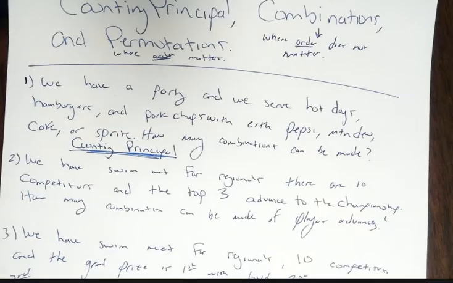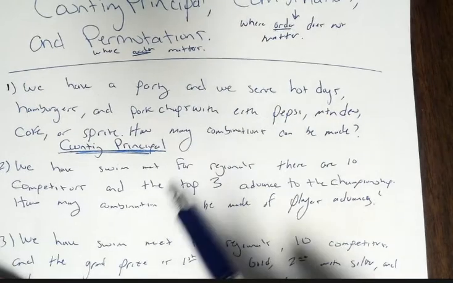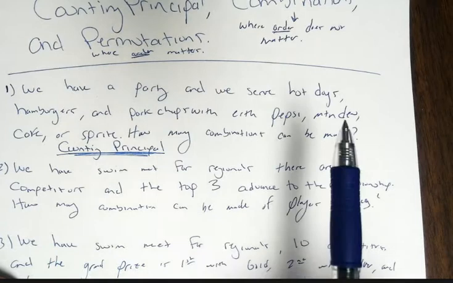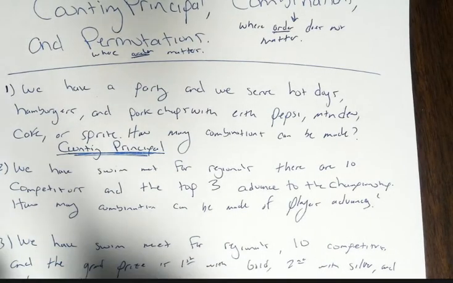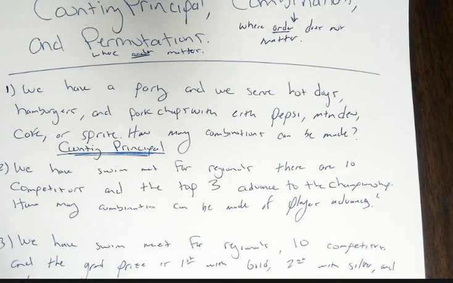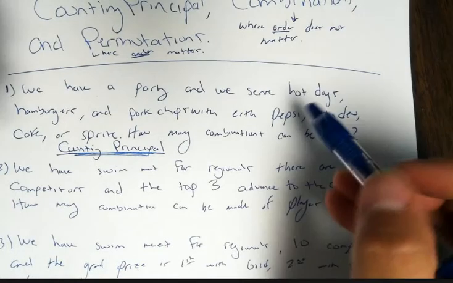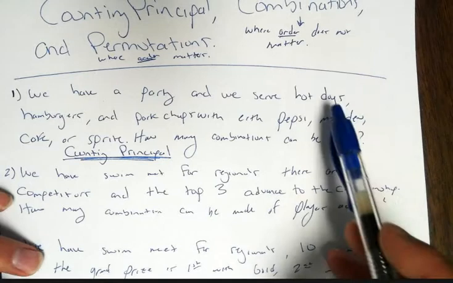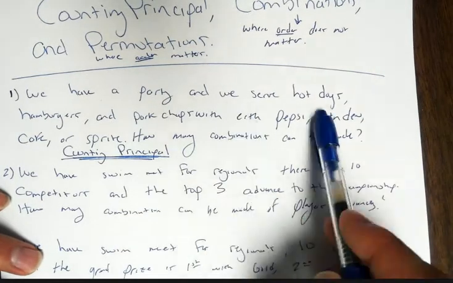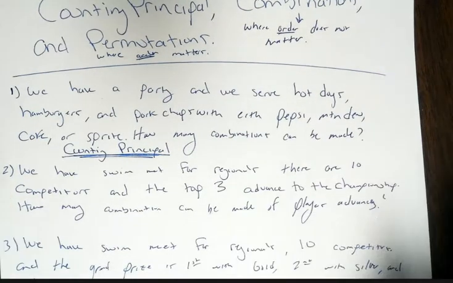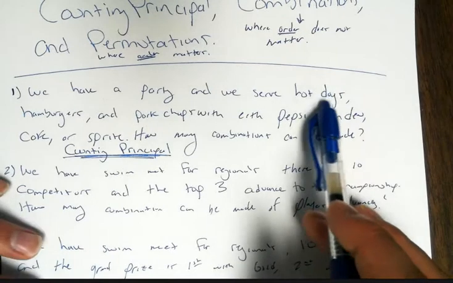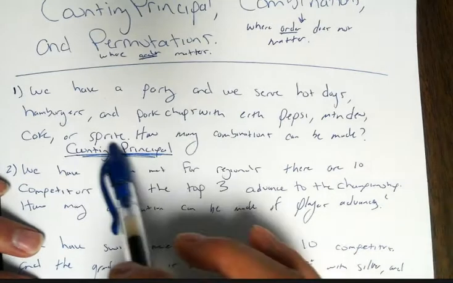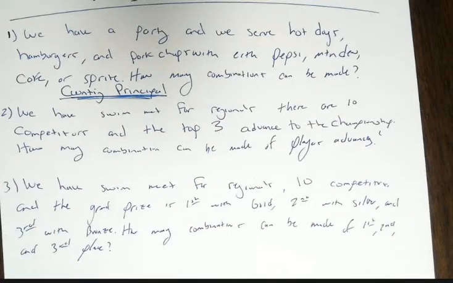Plus, there are multiple different things going on here. Hot dogs and hamburgers are not the same. Pork chops aren't the same. So anytime you have multiple things that don't have to go together, like you don't have to get a hot dog, you could get none if you want to, that's counting principle.